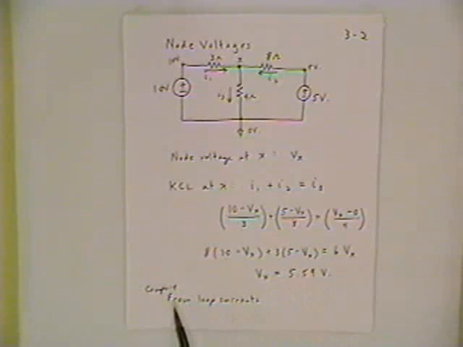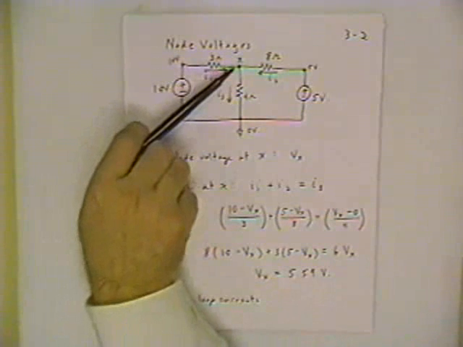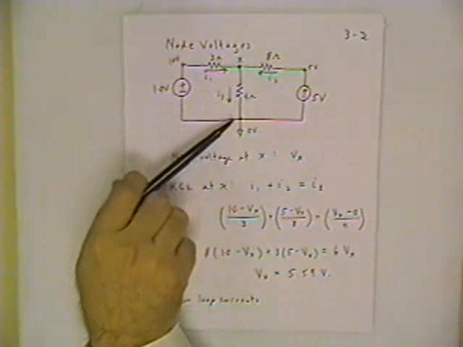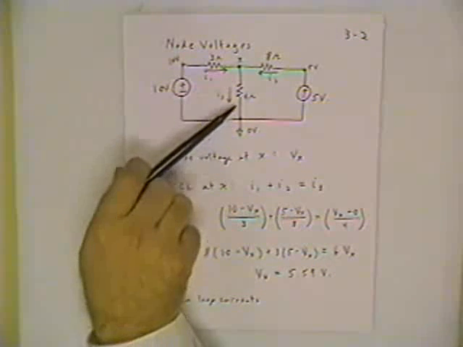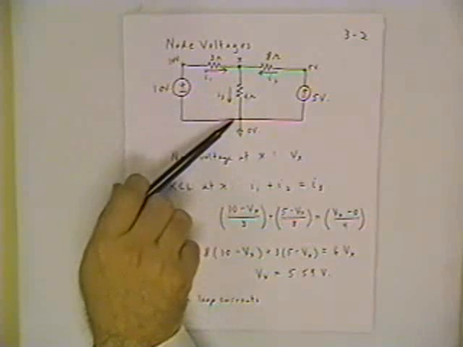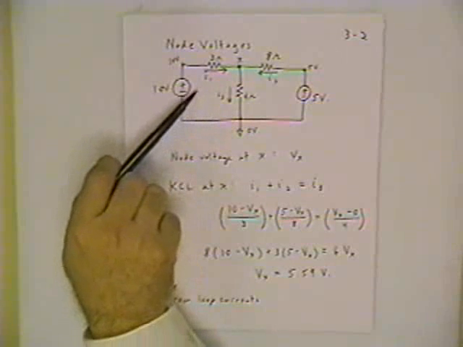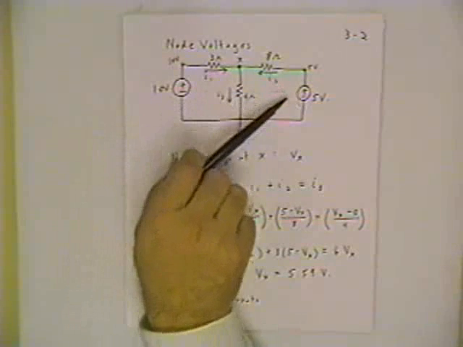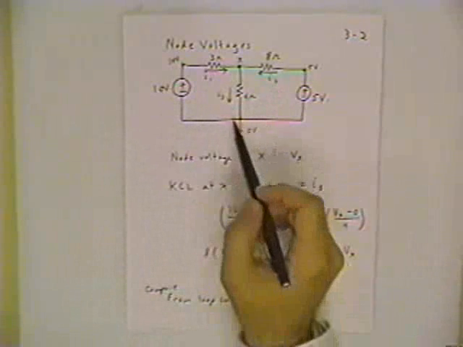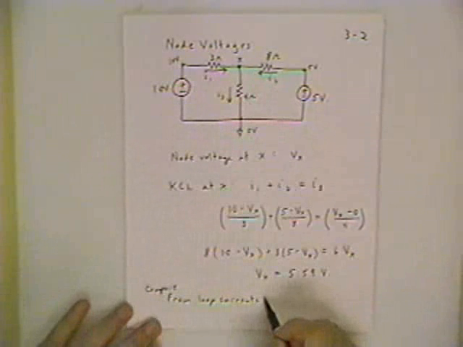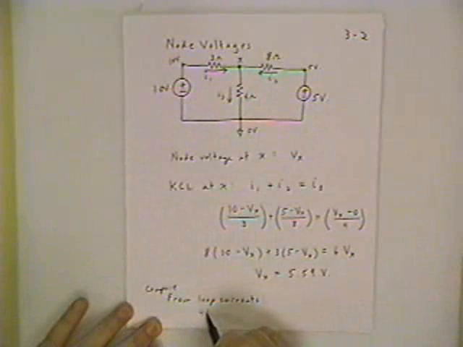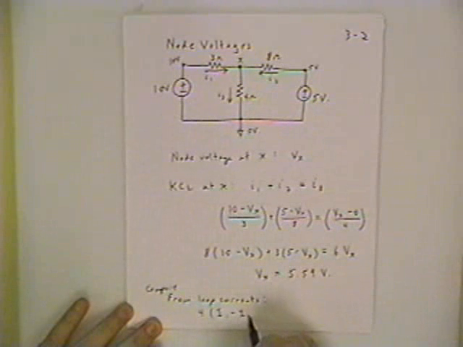And now what would be a useful thing to do is compare the result that we got with the loop current technique. V sub x in this circuit is the difference in potential across the 4 ohm resistor. Now in the previous circuit we had an I1 loop current and an I2 loop current, so we should get the same result if we multiply 4 ohms times I1 minus I2.